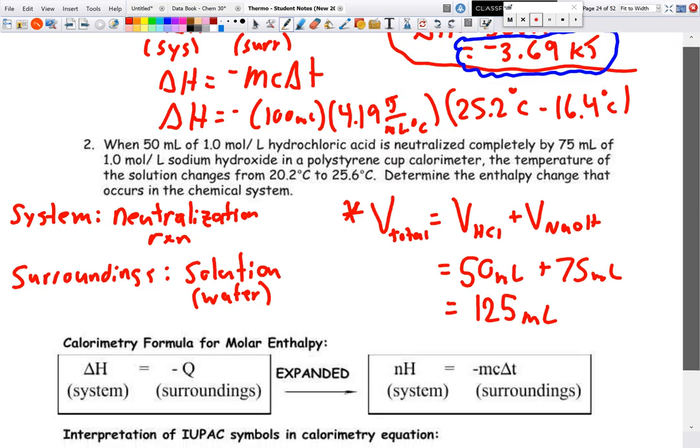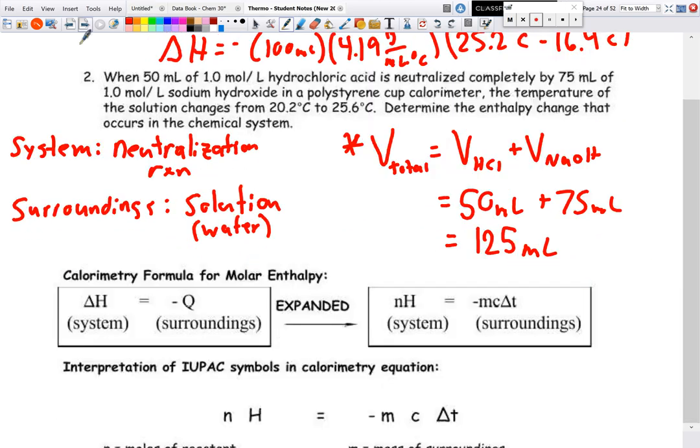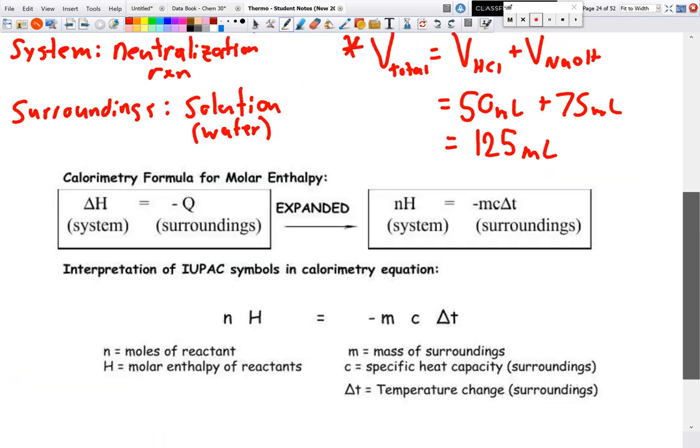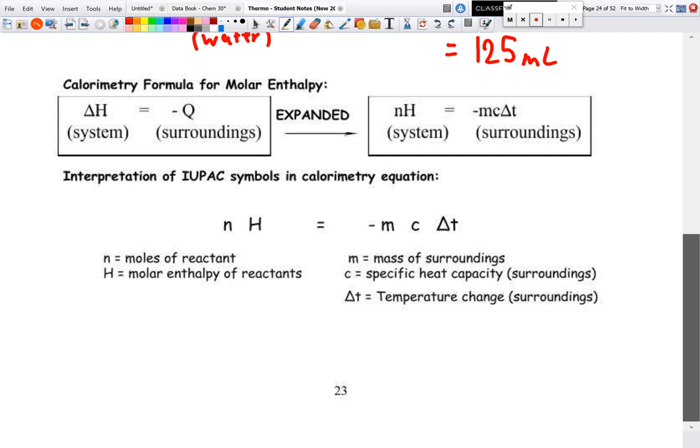Now, we will notice that for a lot of these questions, it was just, what is the change in enthalpy? For the most part, we're going to get ones where we need to find the molar enthalpy. So this was the original equation I was giving you. If we expand our two equations, we know delta H is equal to nH, so that's that part, and then Q is equal to MC delta T. So we have our equation, where nH of the system is equal to negative MC delta T. And of course, we have all of our values right here.